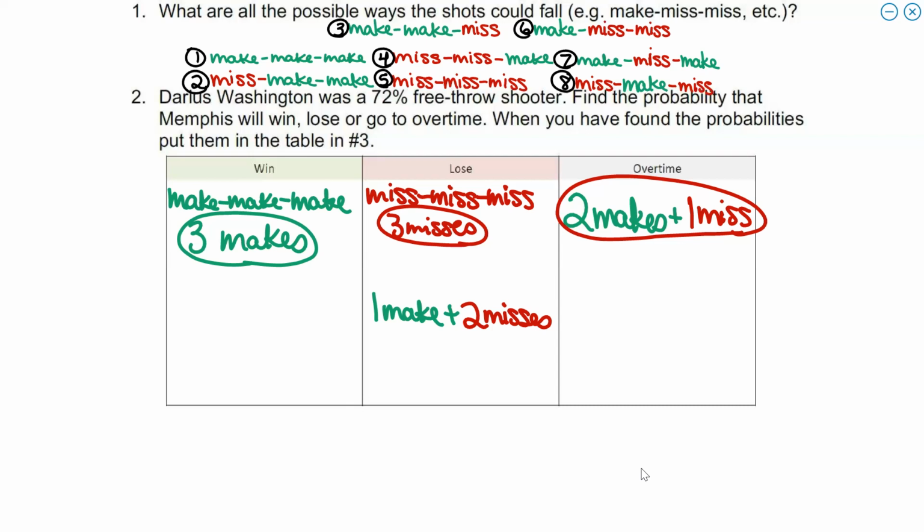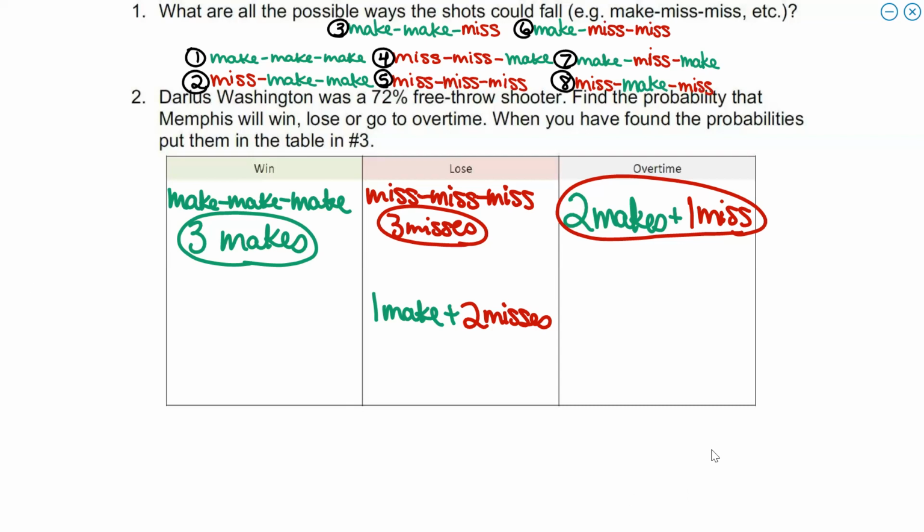This right here would be the number of makes. And then we take that and we multiply it by p to the power of k.